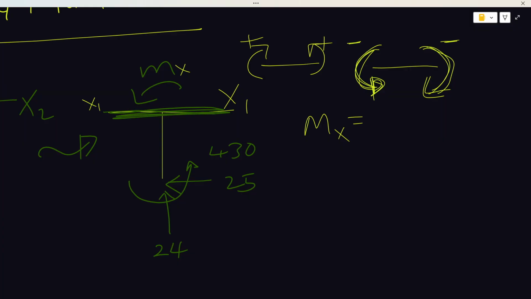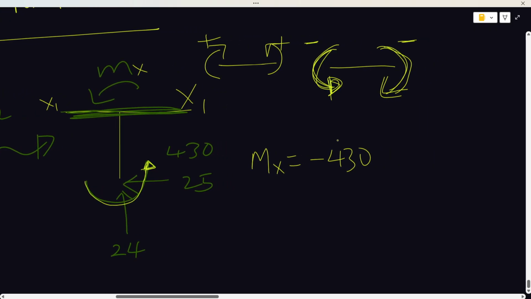So using this technique, Mx is equal to, now this one will bring the beam downwards, so I'll be having minus 430, that particular couple, minus 430.